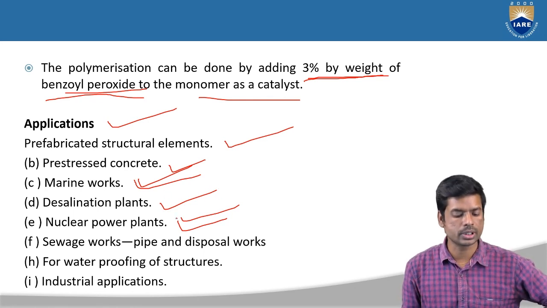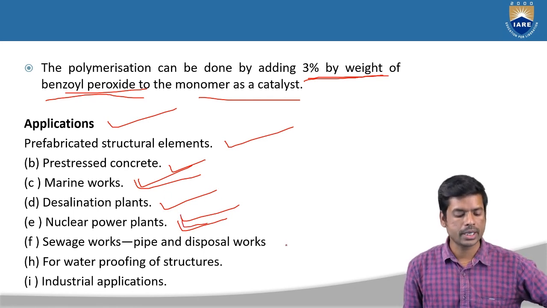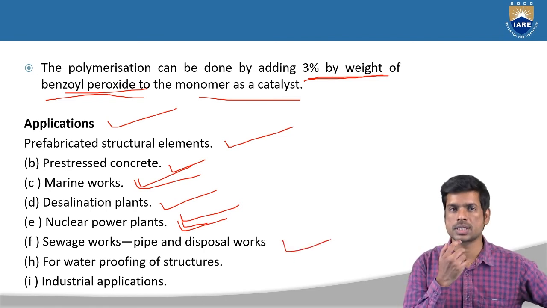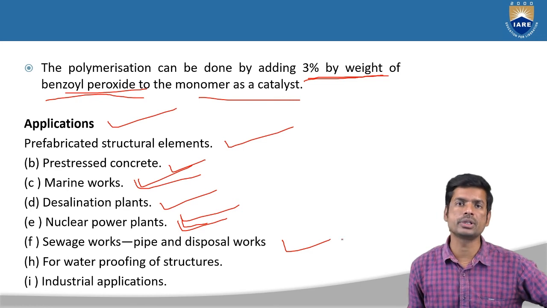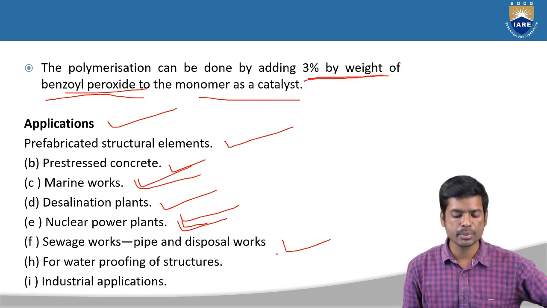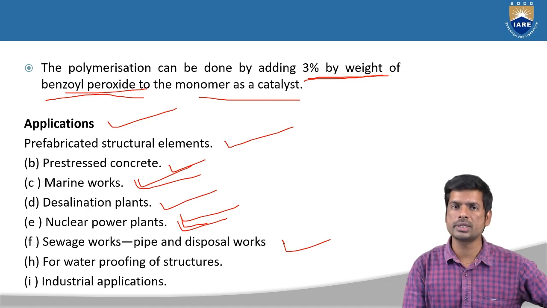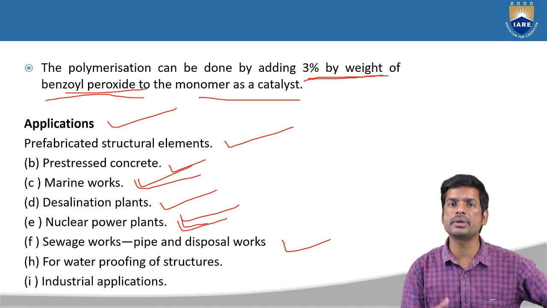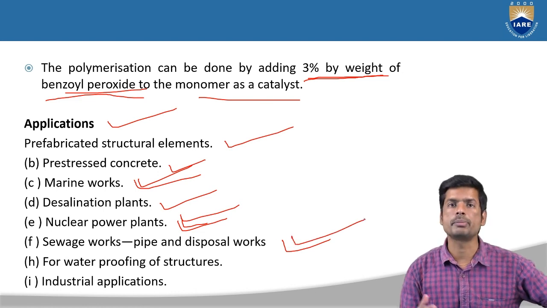Next one, sewage works like pipes and disposal works. In sewage works they use polymer based concrete pipes, because if you use polymer based concretes, the reaction with the chemicals will be avoided. That is the main reason to use polymer based concrete in sewage works.